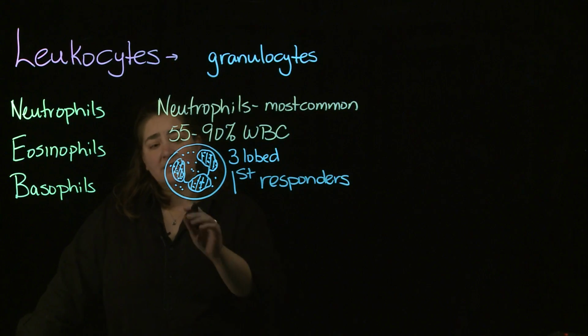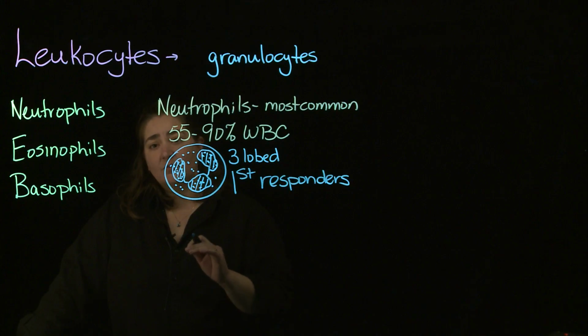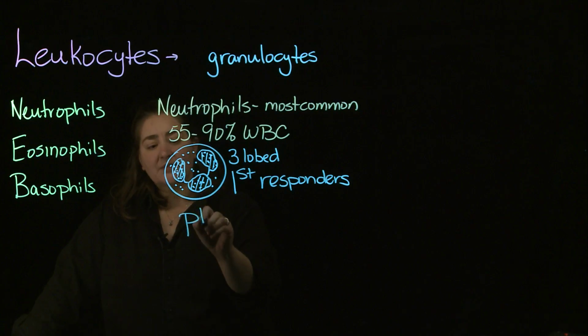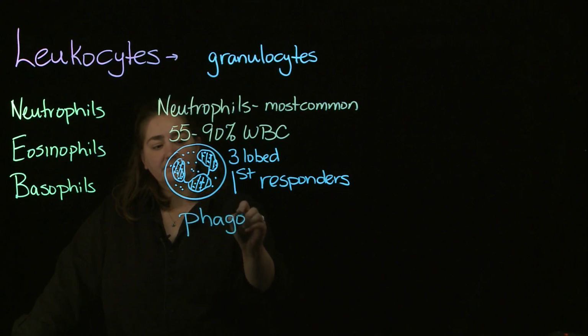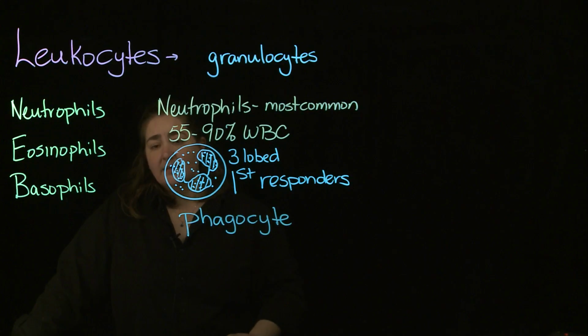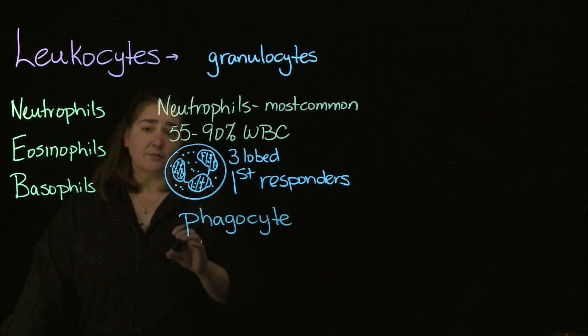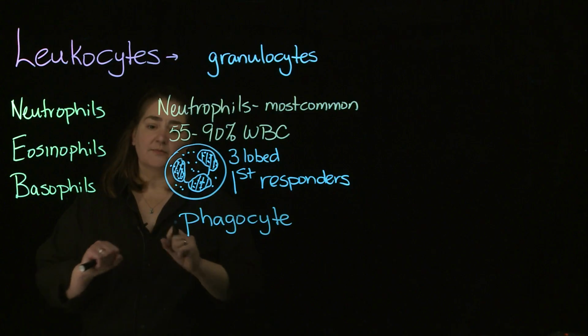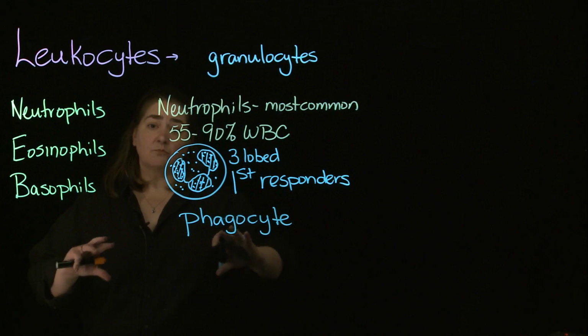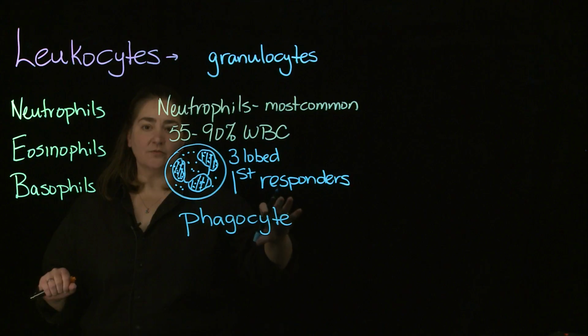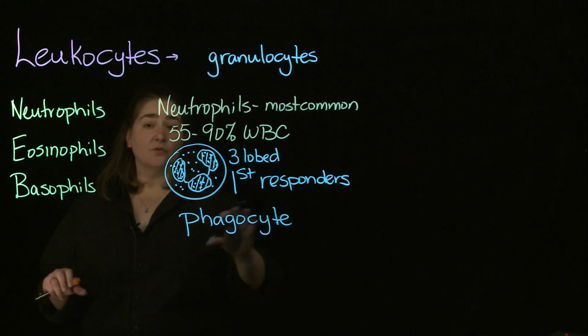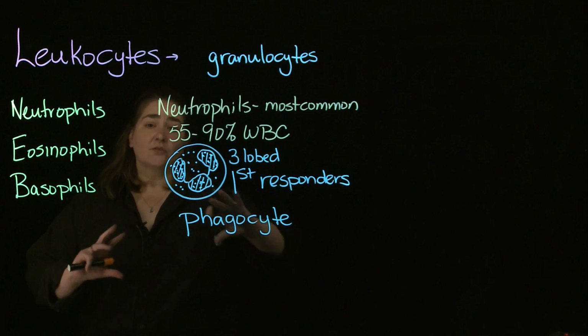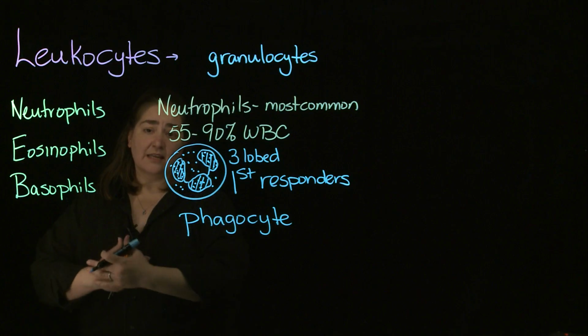Part of the reason that they're one of the main immune cells that respond is because neutrophils are phagocytes, meaning they have the ability to undergo chemotaxis, meaning they can move in response to a signal. In this case, the signal is something that is released by the bacteria. It's going to target that bacteria and engulf it.